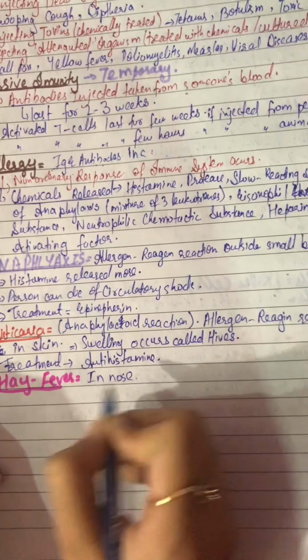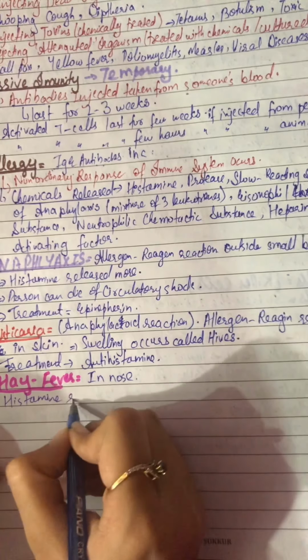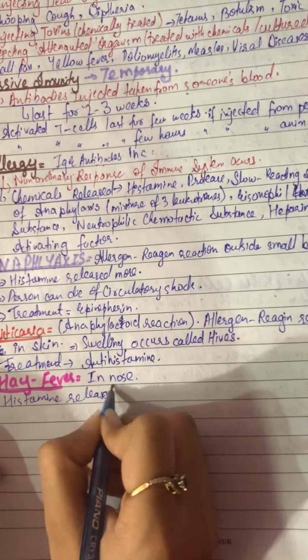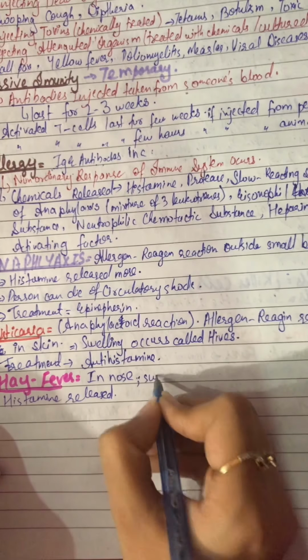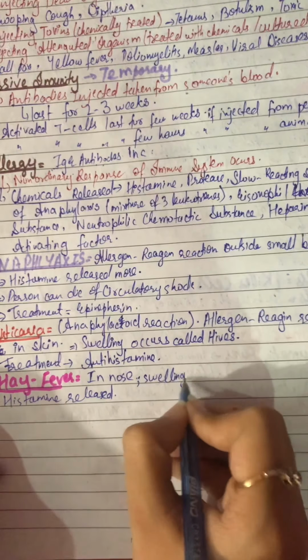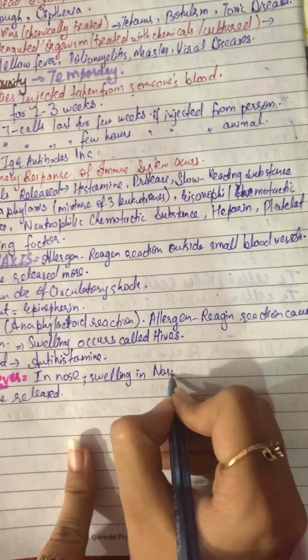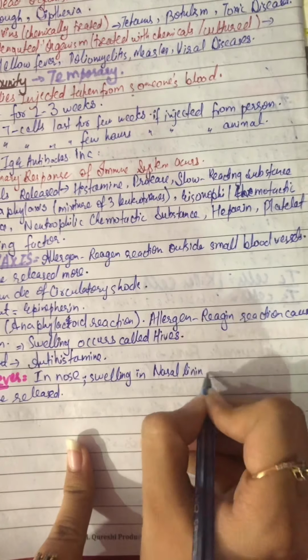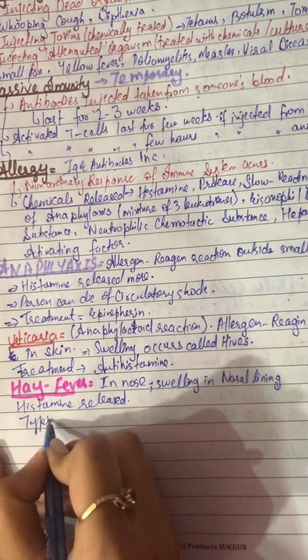In the nose, histamine is released, right? So swelling occurs in the nasal lining, and a typical sneezing syndrome occurs.